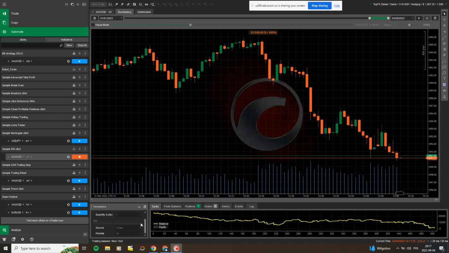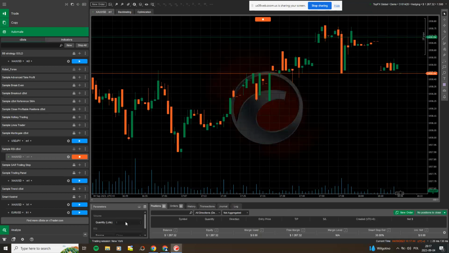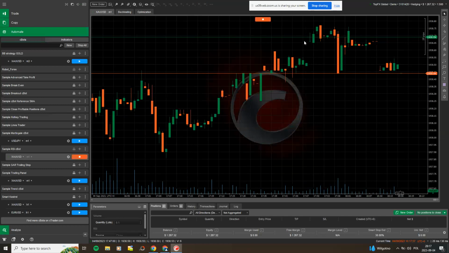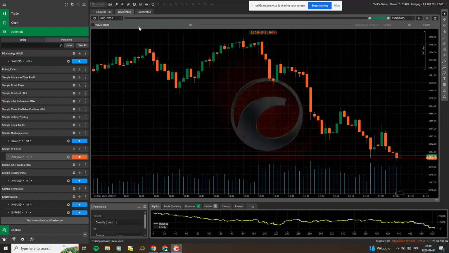Minus 100%. Okay, let's change the quantity of lots to, of course, a lower value. So let's stop it and change it to 1 mini lot again, and from this year, let's start it and see how the backtesting will work.